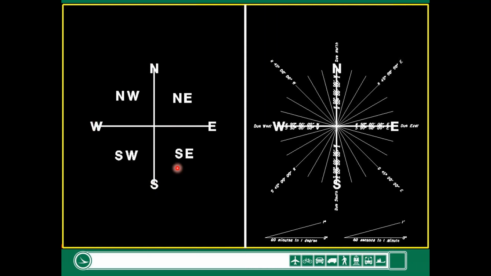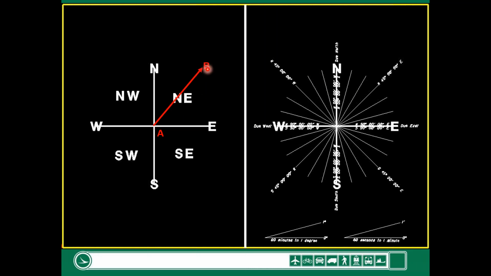Now, if I were standing at point A and I needed to get to point B going in this direction, I'd be going northeast. Half of 90 is 45, so I would be going northeast 45 degrees, 0 minutes, 0 seconds.